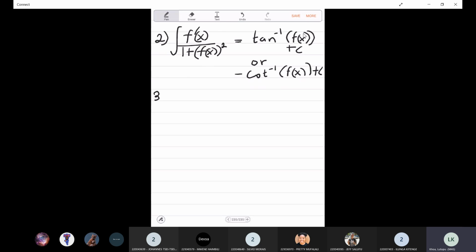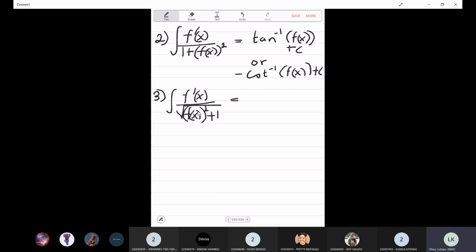And number 3, we have the integral of f prime of x over the square root of f of x squared plus 1. Okay, so here, if you remember, this is the derivative of hyperbolic sine inverse.